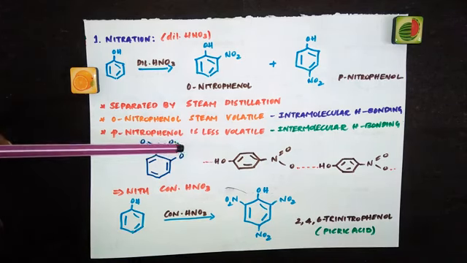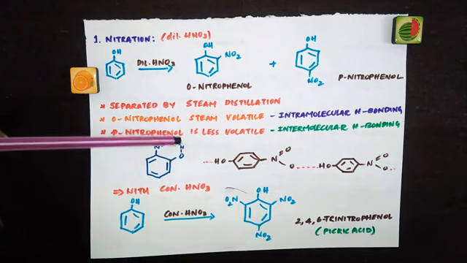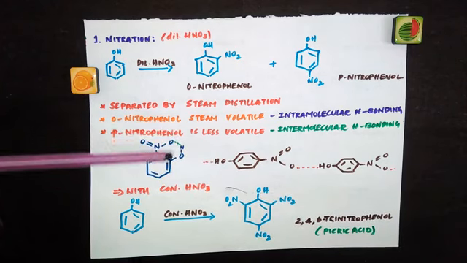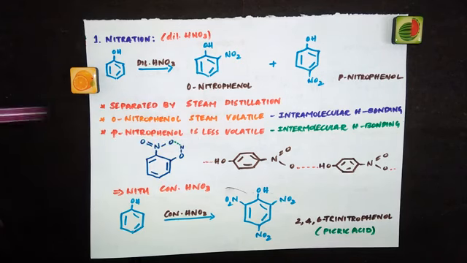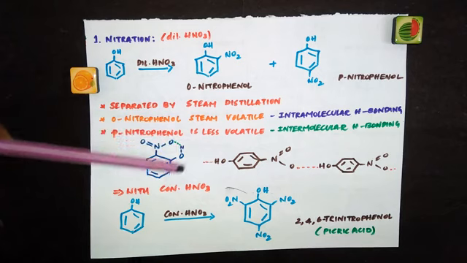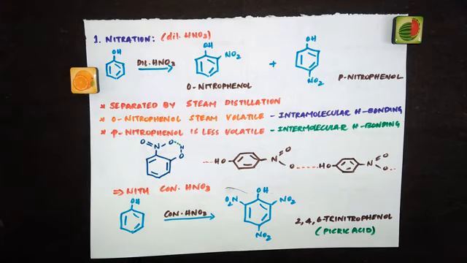This partially positive hydrogen forms a weak bond with the partially negative oxygen, and this happens within the same molecule. This bonding is called hydrogen bonding, and since it is happening within the same molecule, we call this intramolecular hydrogen bonding.